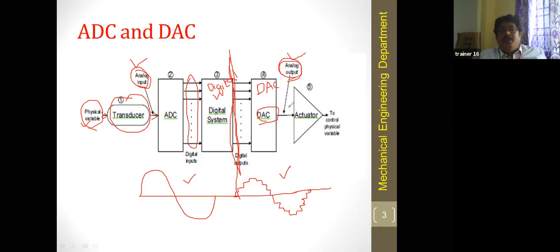This analog output is the input to the actuator, so the actuator actuates the movement perfectly. So why do we go for a DAC as the next step? To control the physical value. See here, to control the physical value.